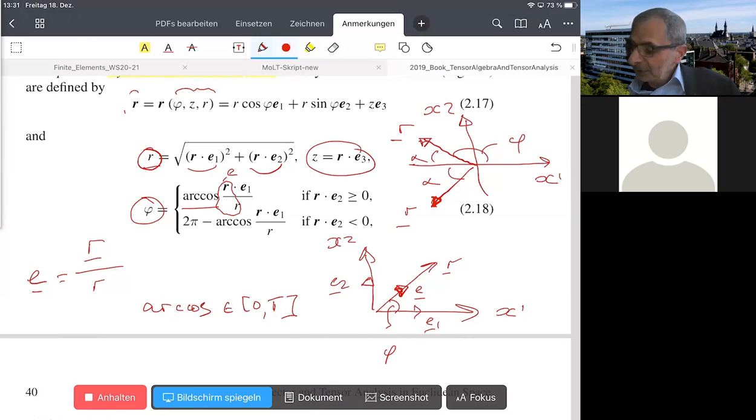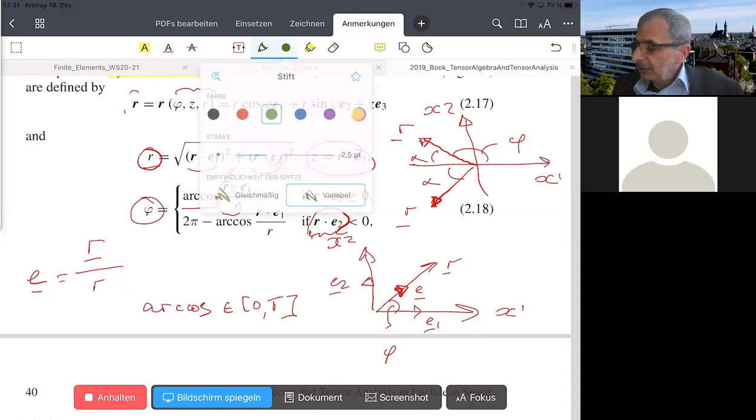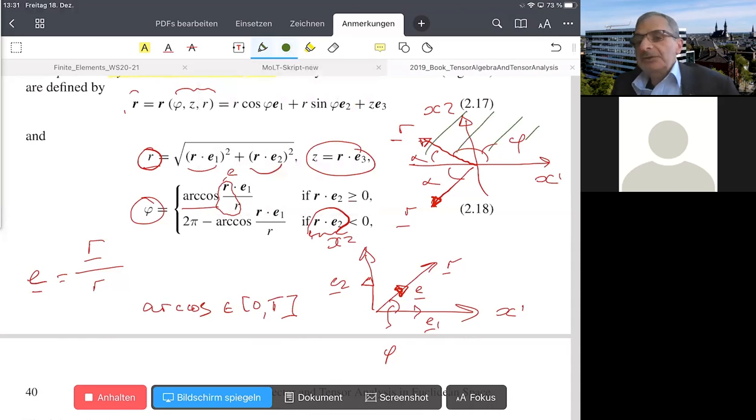And the problem can be solved if we consider another projection. We consider this projection of this vector r to this vertical axis. That means that we multiply r by e2. And look, is it positive? Then we are in this upper half plane here, and we apply the usual course.